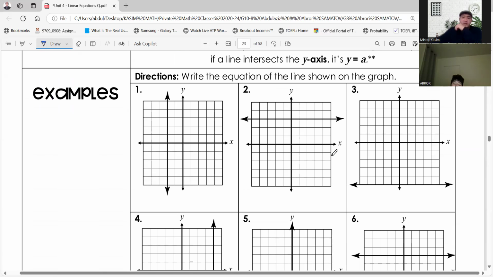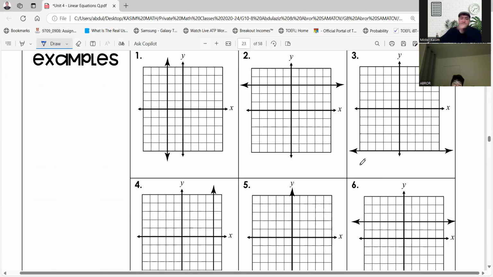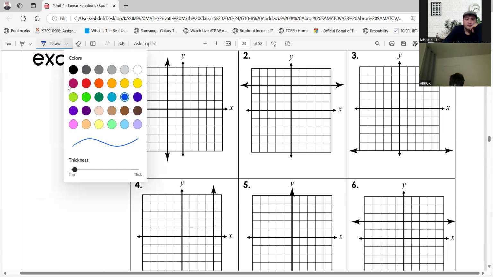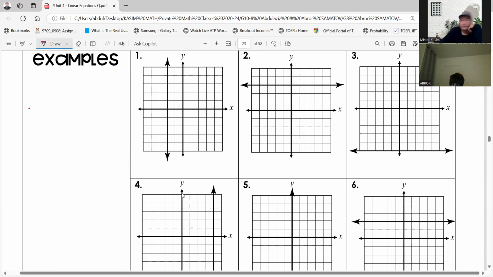Write the equation of the line shown on the graph. What is the equation of this line? Is it x or y? It is the x-intercept, so that's why x. The x-intercept is 1, 2, negative 2.